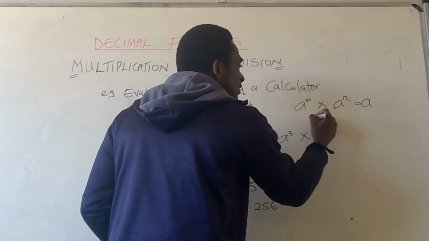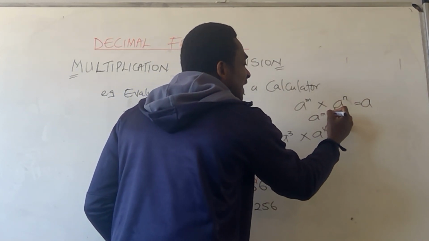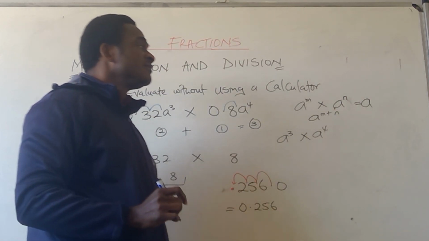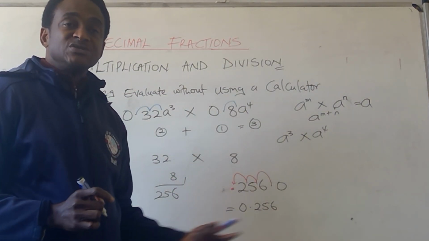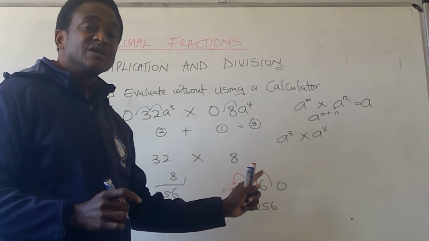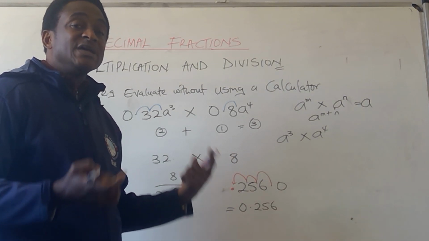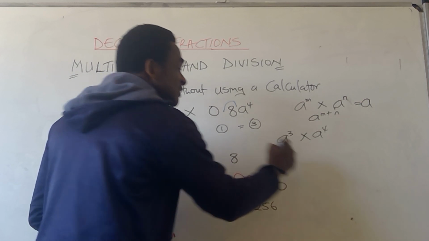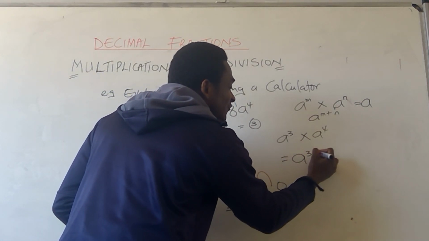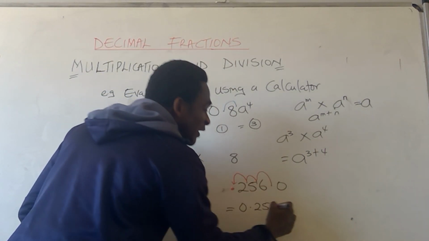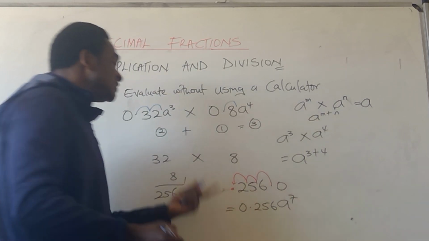So here we use a common base, which is a, but add their exponents. So long as they have a common base and you are multiplying, just add their exponents. So this will be a to the power of 3 plus 4, which is a to the power of 7.